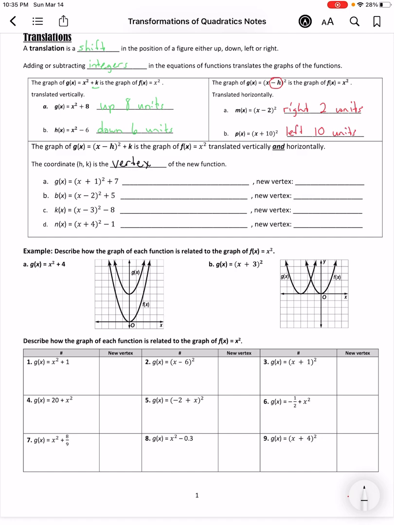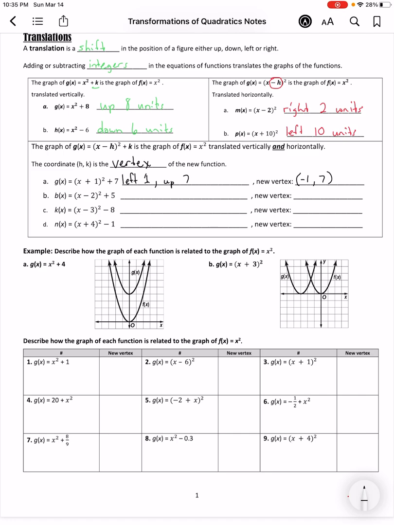Because it says plus 1, I know that it's going to go left 1, and because it's plus 7, it's going to go up 7. Since it goes left 1, the opposite of a positive 1 for our vertex would be a negative 1, and then up 7 would be a positive 7. So since we're going left, it's negative 1, 7 as our new vertex.